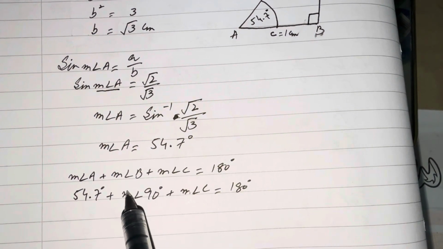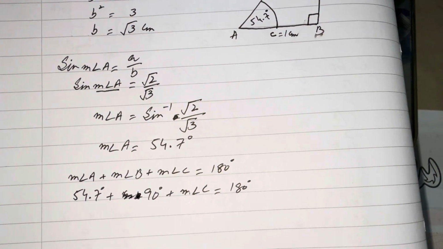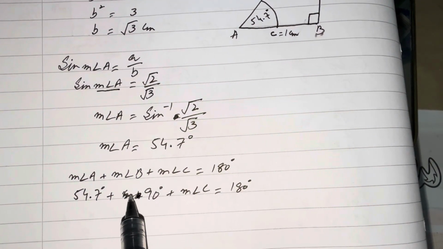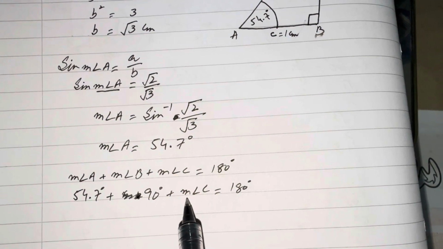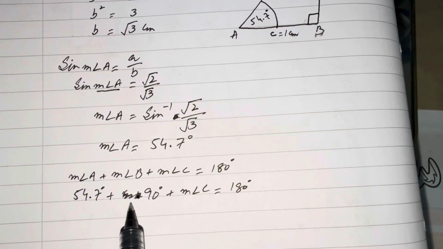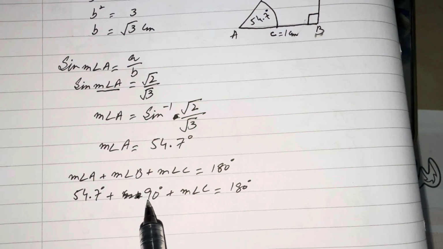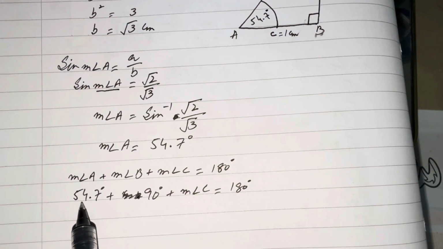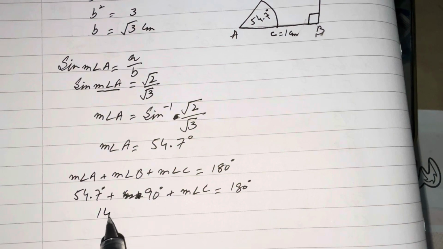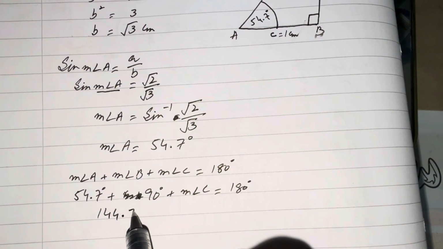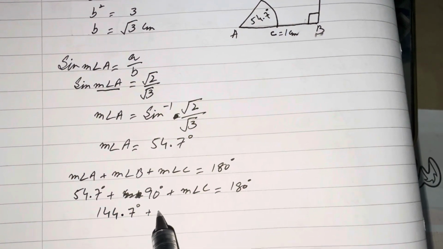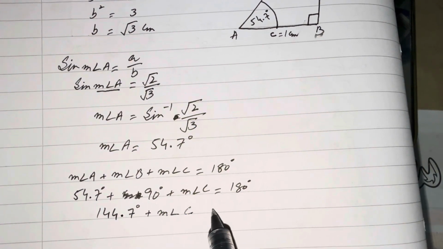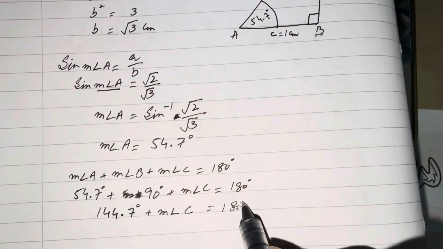If we add 90 plus 54.7 degrees, that will be equal to 144.7 degrees, plus the measure of angle C is equal to 180 degrees.